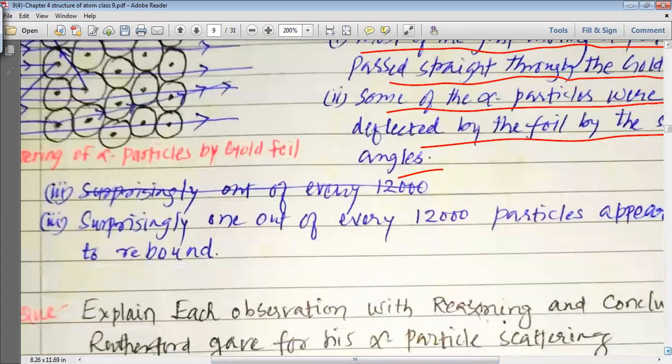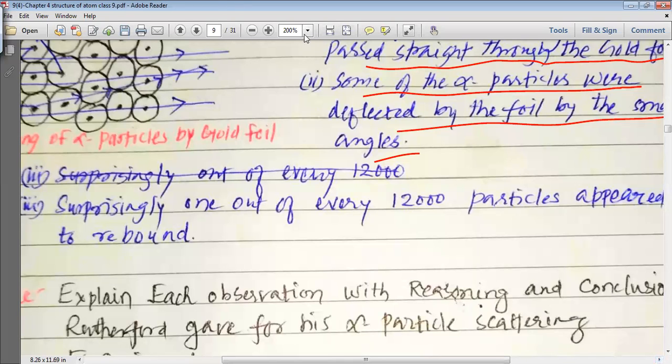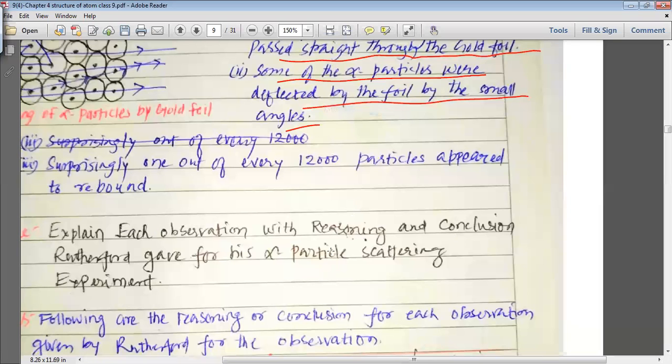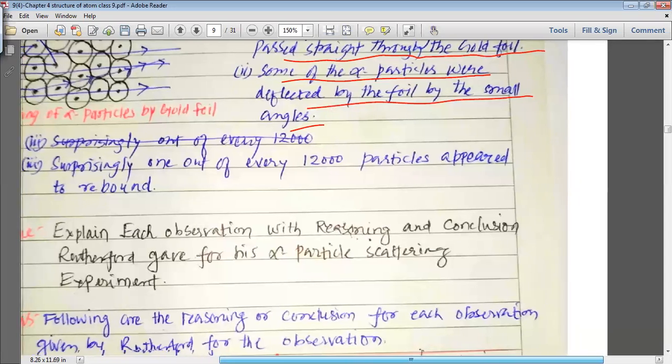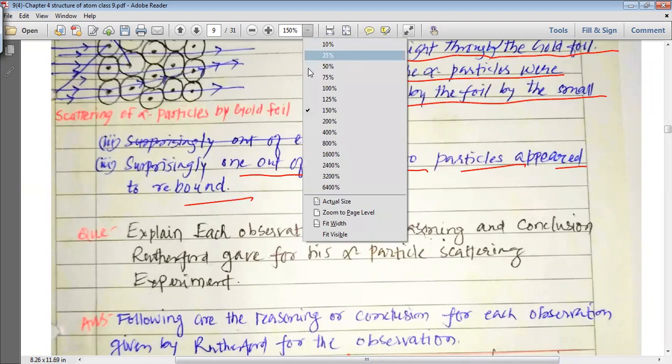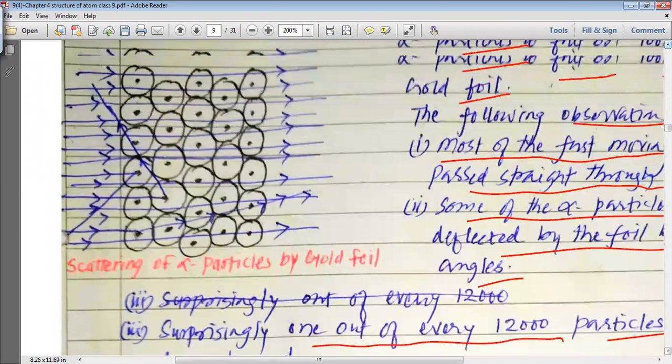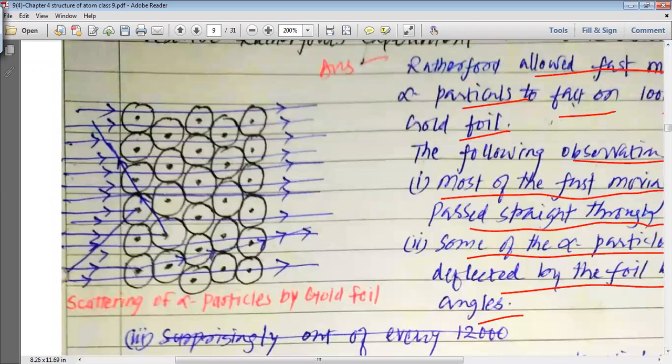And the last observation was, surprisingly, 1 out of every 12,000 particles appeared to rebound. Now let us see what this experiment tries to tell us. Let us have a look at this so that we can understand it better.